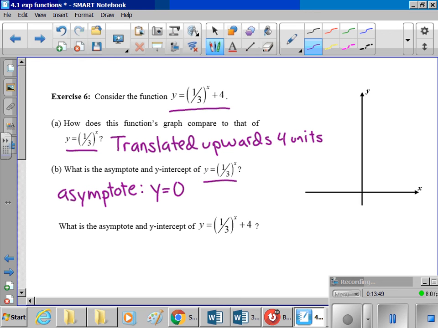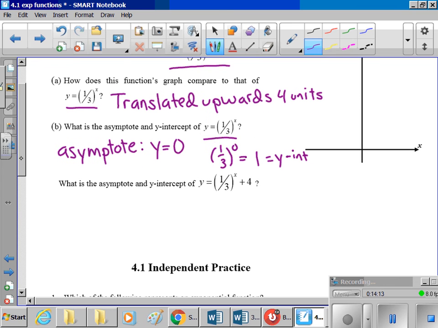And for the y-intercept, we plug in 0 and we get 1/3 to the 0 equals 1, because anything to the power of 0 is 1. So our asymptote is 0, and our y-intercept is 1.